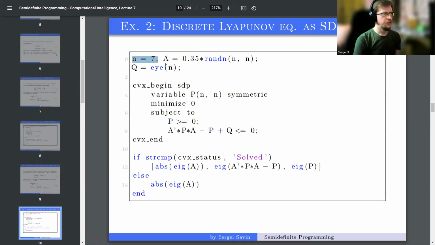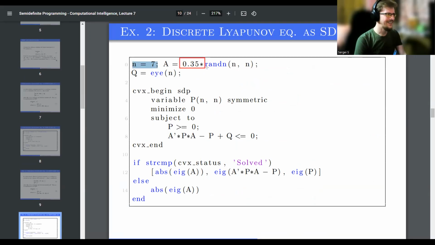Same here. The difference, notice, is I say 0.35 times randn. Randn is, remember, the Gaussian distribution. Why 0.35? Well, because now I want A to be sometimes Schur, sometimes not Schur. What is Schur? Schur is a matrix whose eigenvalues are less than or equal to 1 by absolute value.